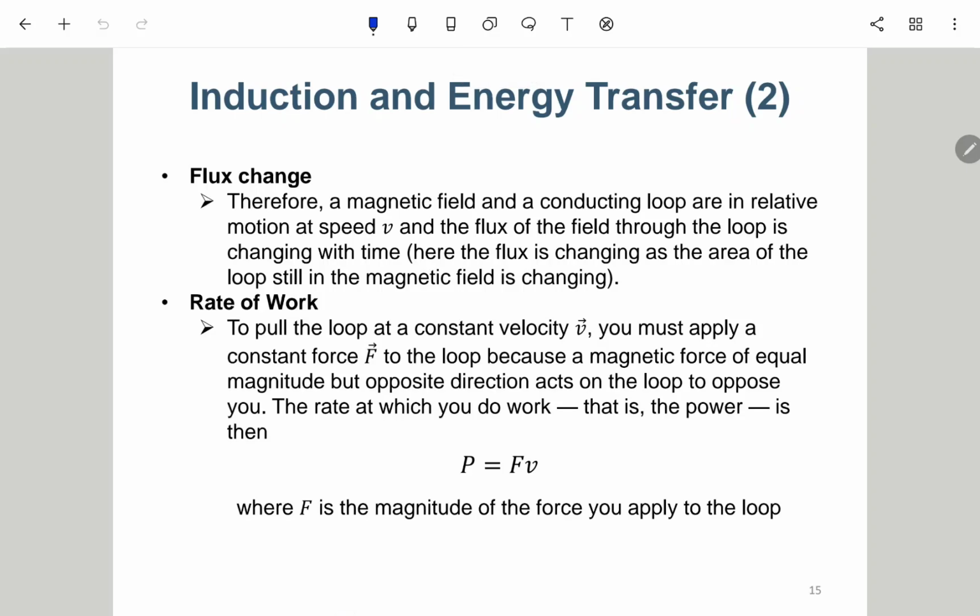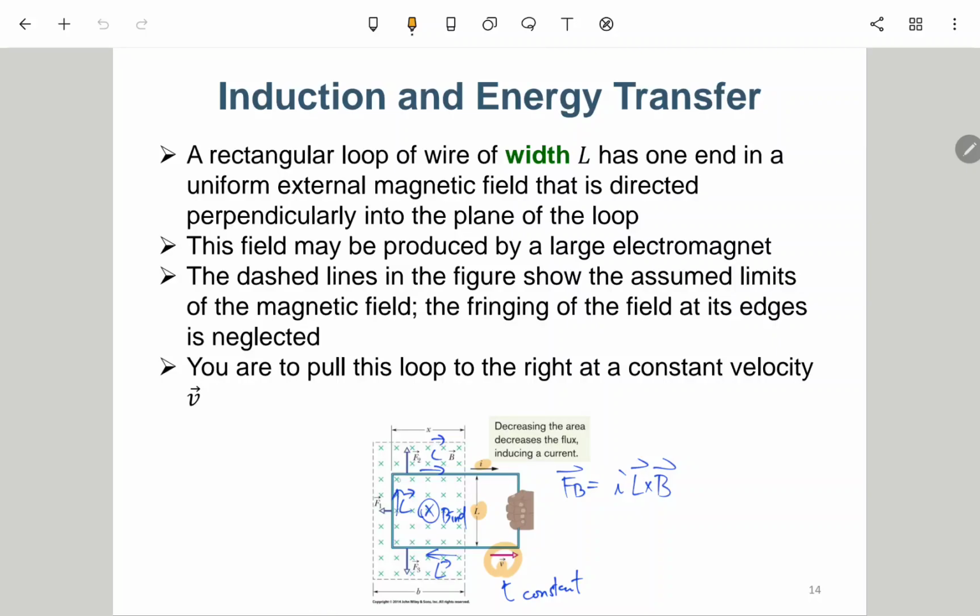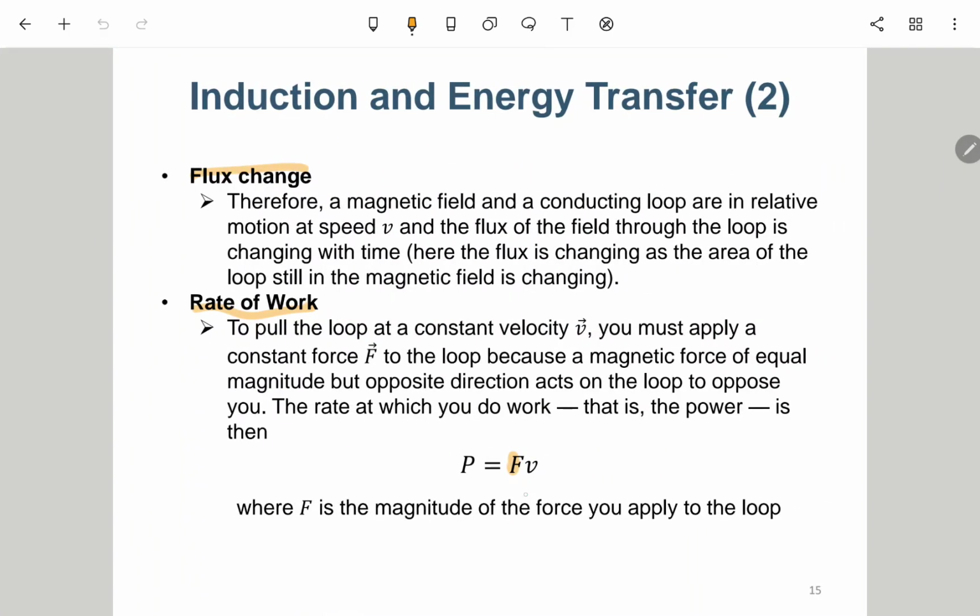Okay, so there will be a flux change as I've mentioned, and then there will be a rate of work, which means that you need to have a force equal to F1. This F1 is nothing but I times L cross B. So you need to provide a force with this velocity.